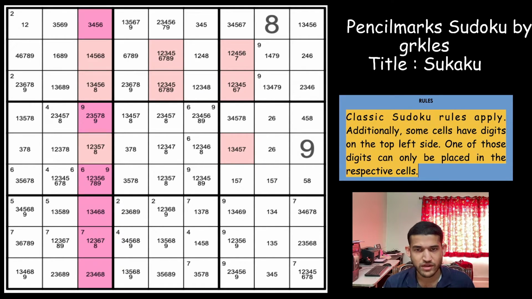As we saw earlier for the swordfish, all the pink cells cannot take a 5, because if you do so, then you will have more than 3 5s in those rows or columns. So 3 rows or 3 columns can take only 3 5s exactly. So I'll remove all these 5s.